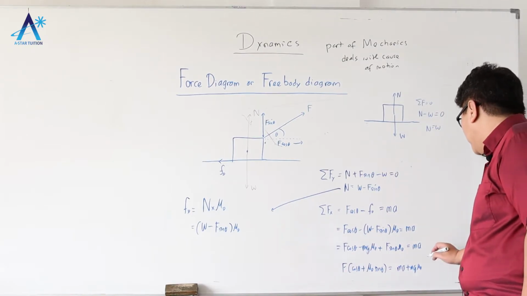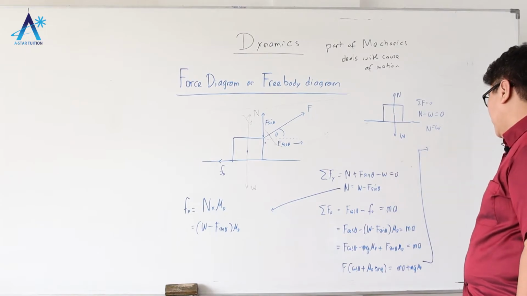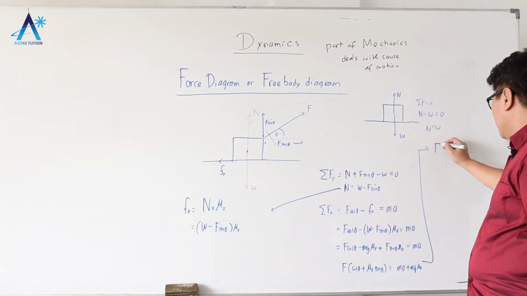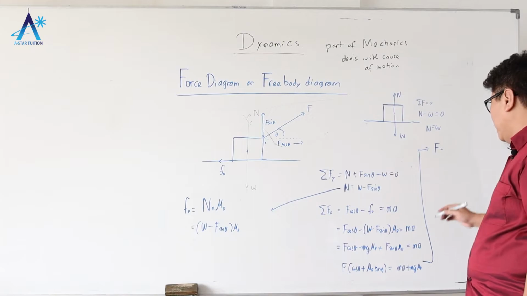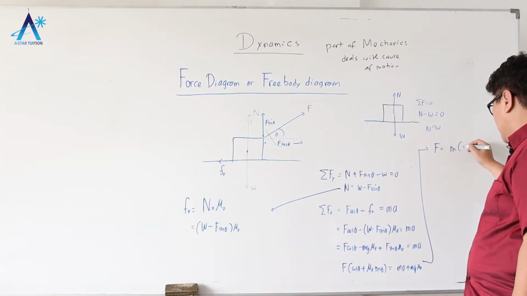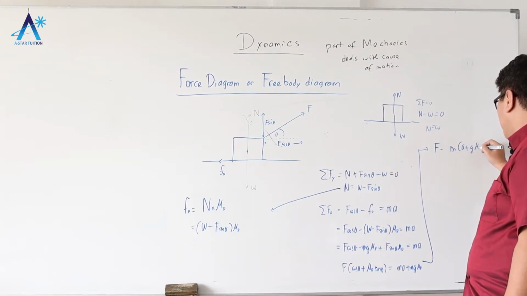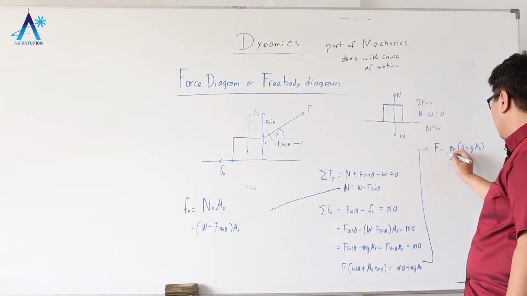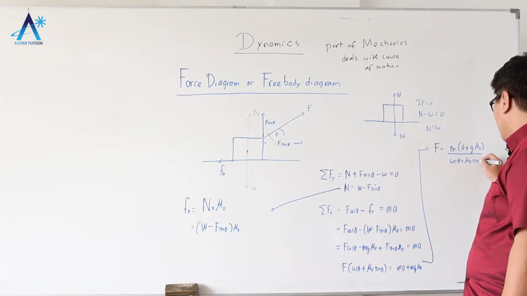From here we can say that the pulling force is equal to m times a plus g times mu d, the whole thing divided by cos theta plus mu d sine theta.